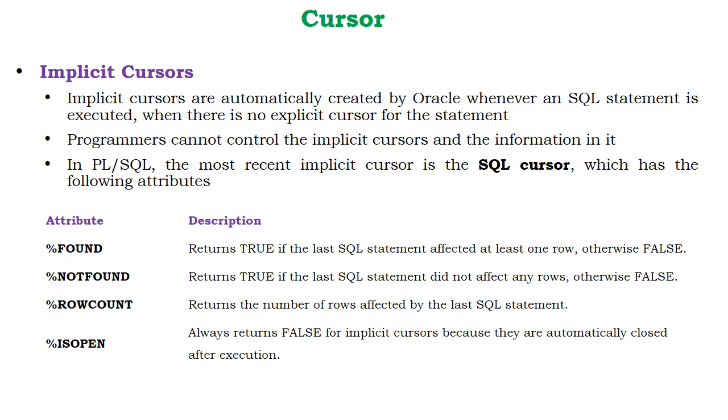Not found returns true if the last SQL statement did not affect any row, otherwise false. Row count returns the number of rows affected by the last SQL statement. And the next one is is open, which always returns false for implicit cursors because they are automatically closed after execution.